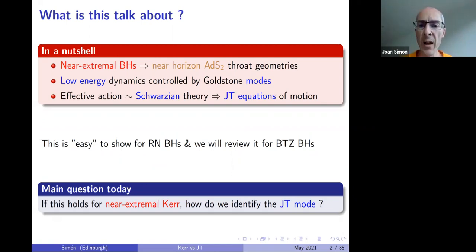And so technically, it was not obvious to us how to identify the GT mode, this Goldstone mode, sorry, I will refer to it as the GT mode. It's a relatively technical discussion, and that's the main question that I would like to answer before the end of my talk.